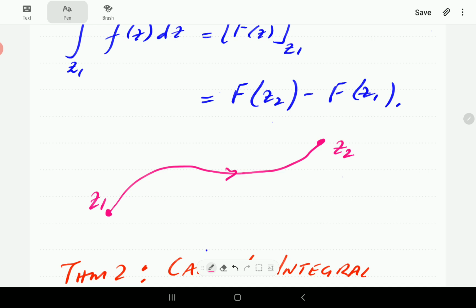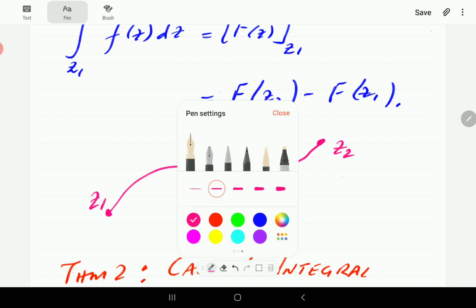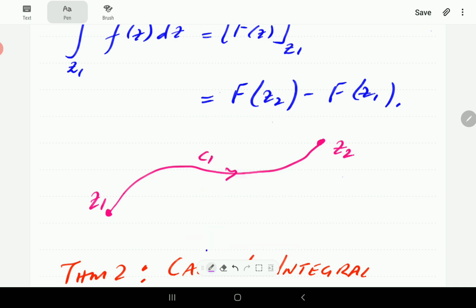Because it says independence of path, if we define another path, suppose this was C1, that also begins at Z1 and finishes at Z2, then the value of the integral is still going to be exactly the same.